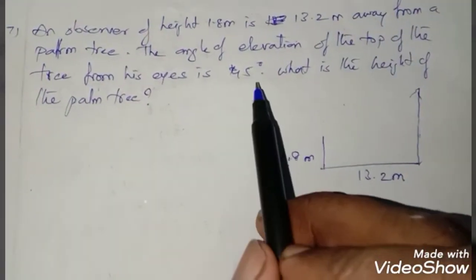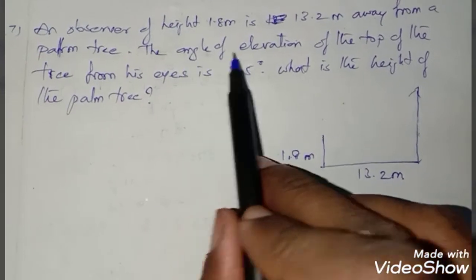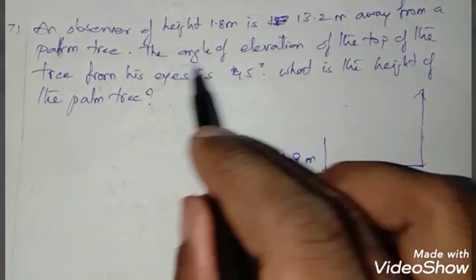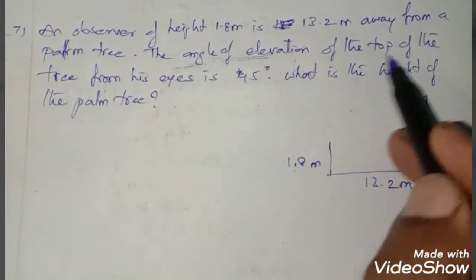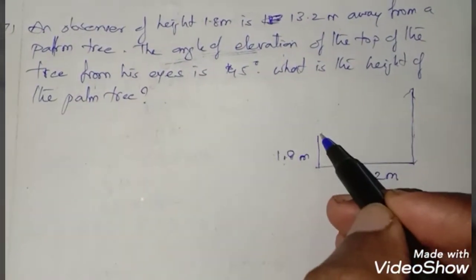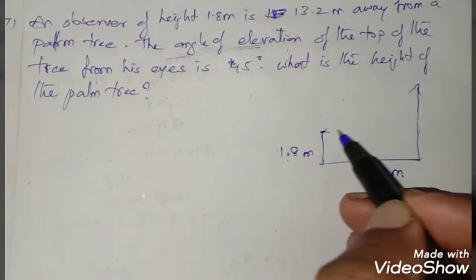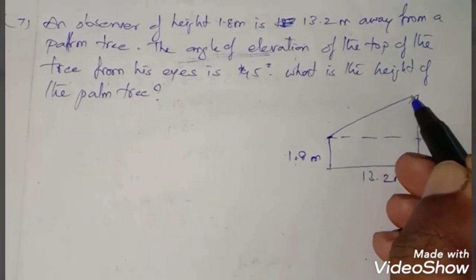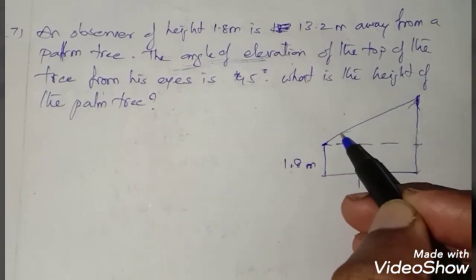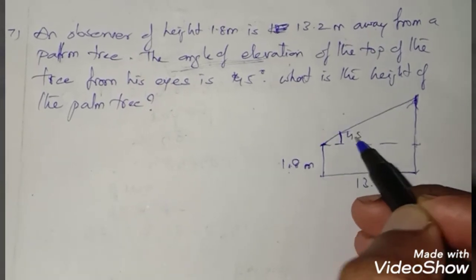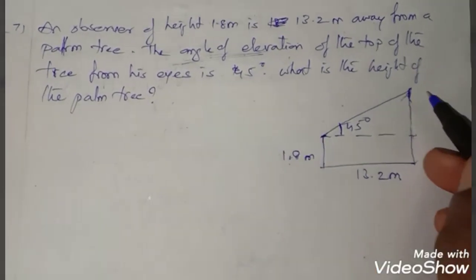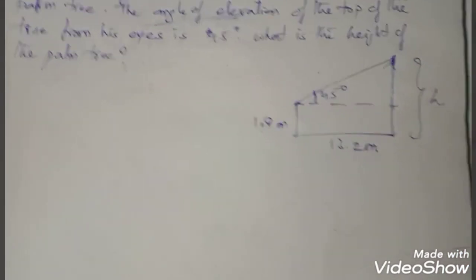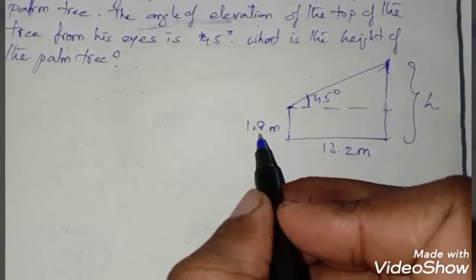Next, the angle of elevation of the top of the tree from his eyes. So this is eye level. Through this eye level he is observing the top of the tree, making an angle of 45 degrees. Then you have to find the height of the tree. Already here 1.8 meters is there.